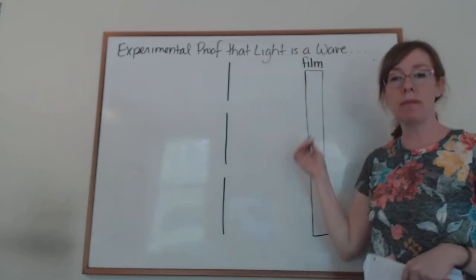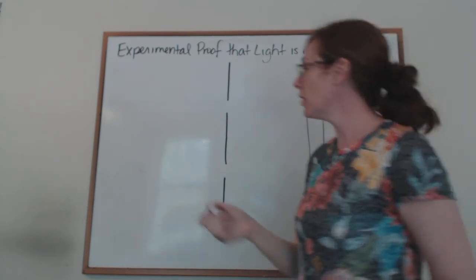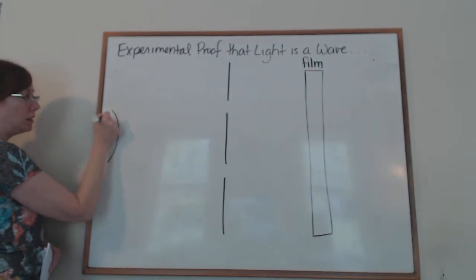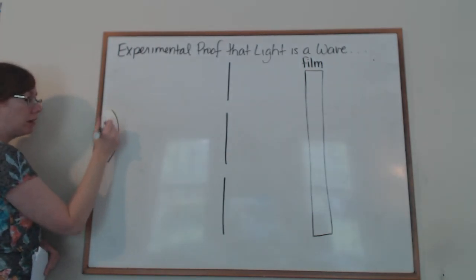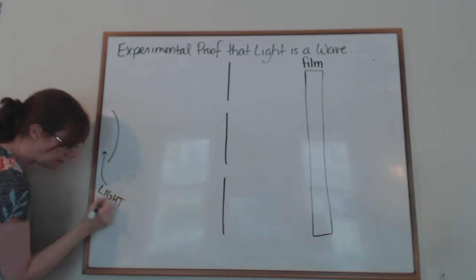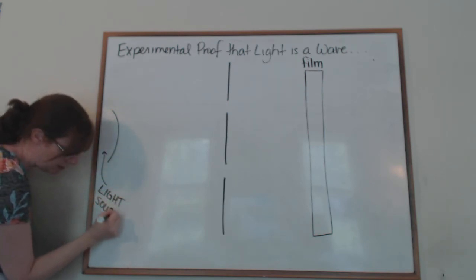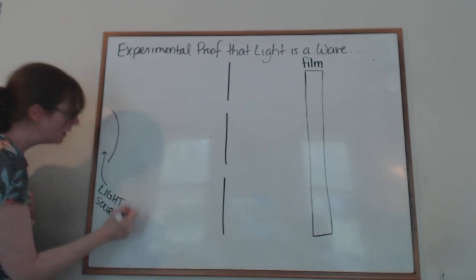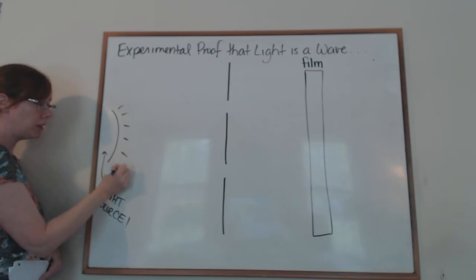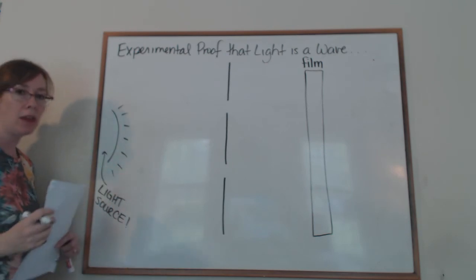I'm not sure exactly how it was done, but picture that you're in a dark room and you've got some kind of a light source. So let me just write light source here. This is a light source. It wasn't a flashlight, but you can just pretend that it was a flashlight to understand the concept. So the light source is giving off light, and you're in a dark room.